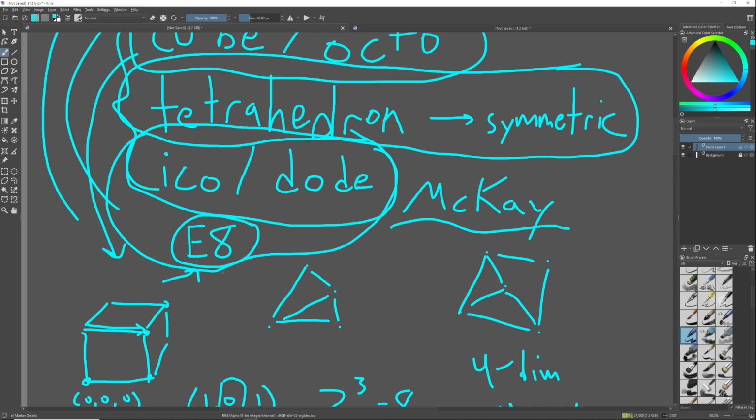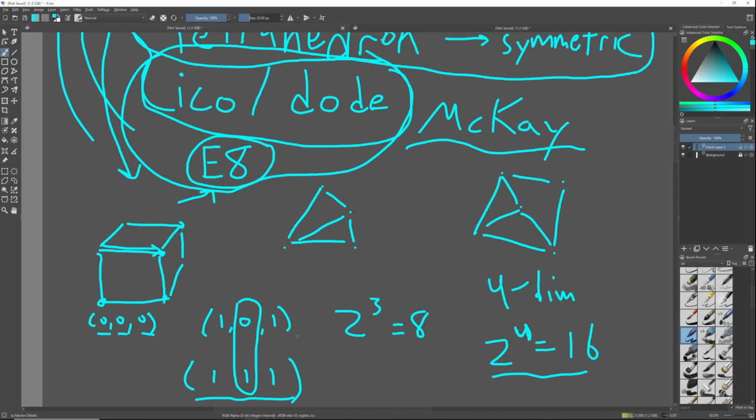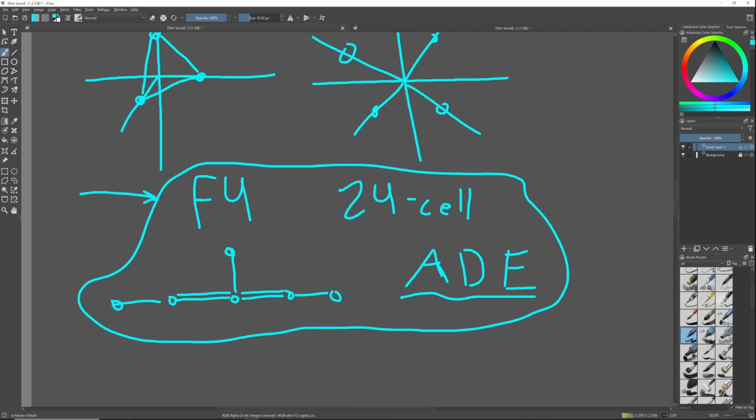I'll just mention it because it's worth mentioning, that there is a lot of buzz in the popular world about a possible theory of everything related to E8. And in my personal opinion, I feel like this is pure speculation. I feel like there's a little too much going on with E8, but that there's something in the connection between the F4 symmetry and the E symmetries.